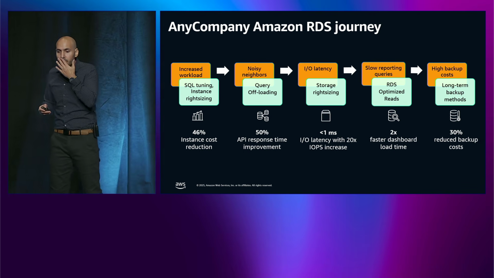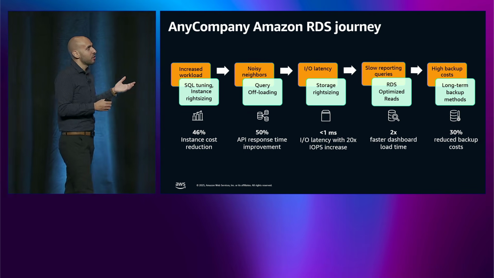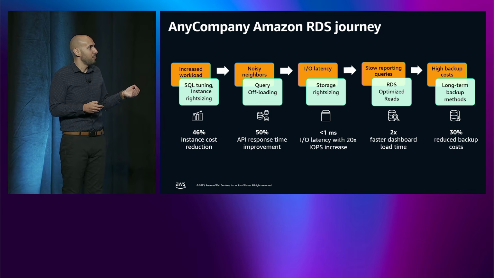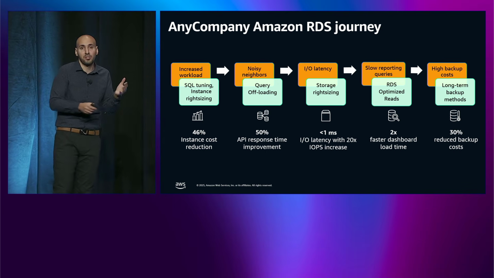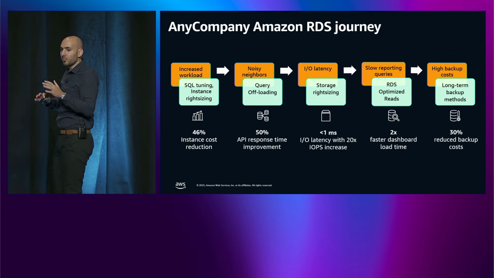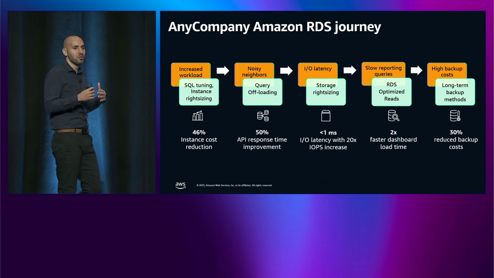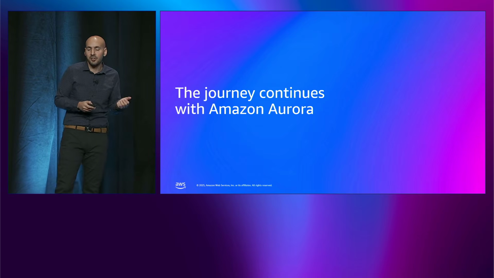And lastly, to address the high cost of backups, we used the more cost-effective long-term backup method, which reduced the backup cost by 30%. So this was a summary of the journey with RDS. Hopefully you learned some new techniques of how to optimize performance and cost in RDS.